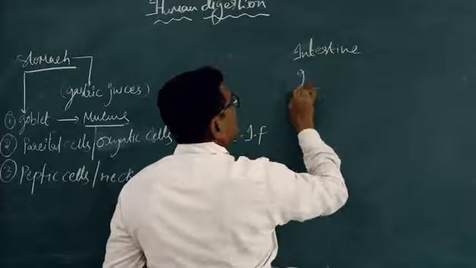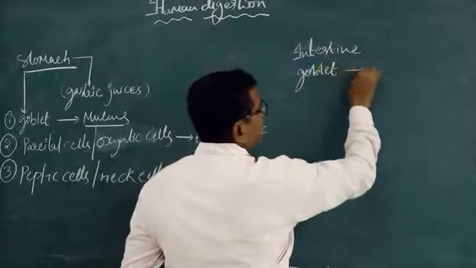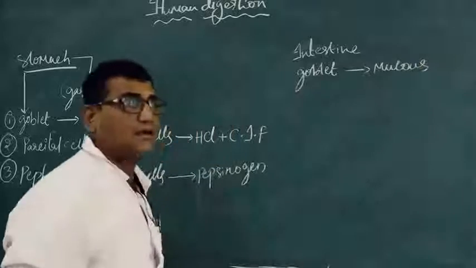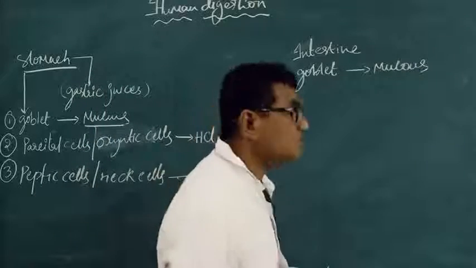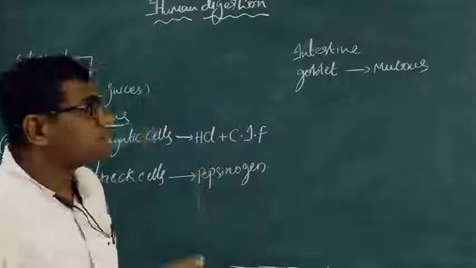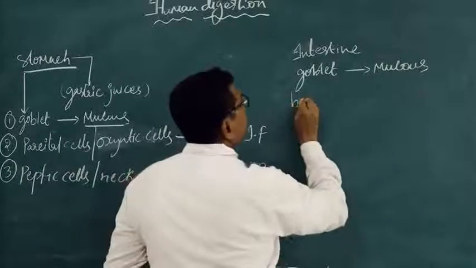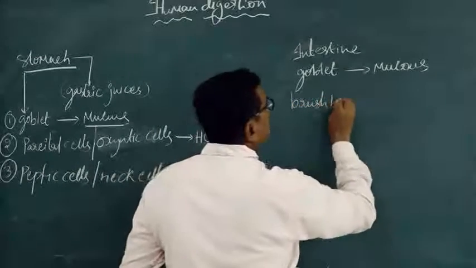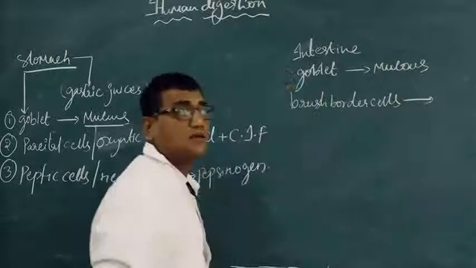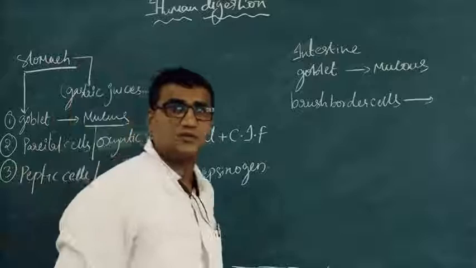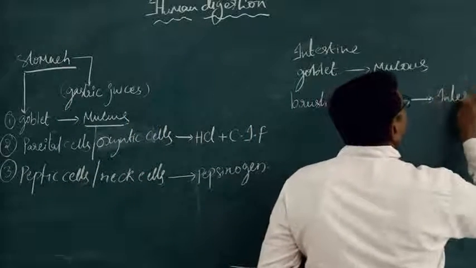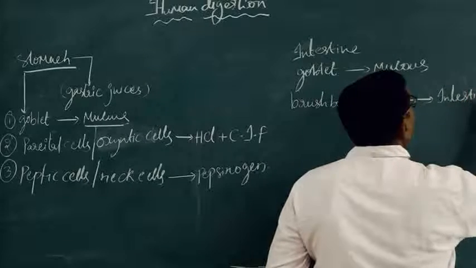And one more in the intestine, goblet cells produce mucus, and brush border cells produce intestinases.